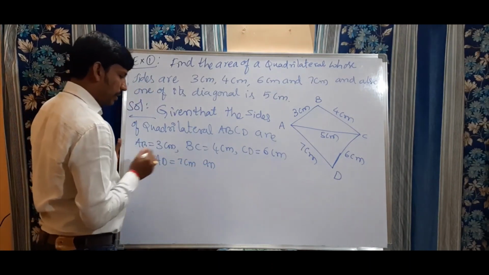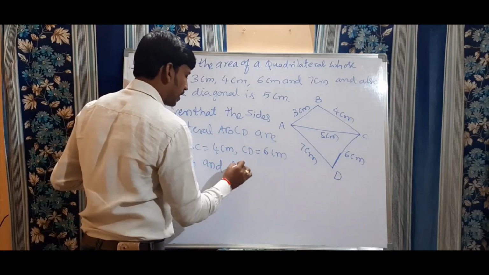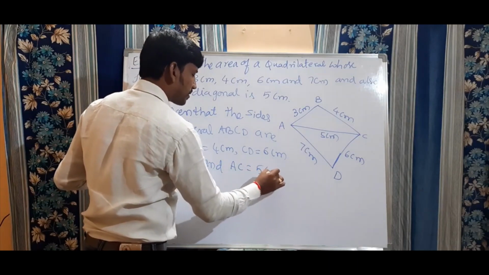Here you should write a comma. And diagonal AC is equal to 5 centimeters.